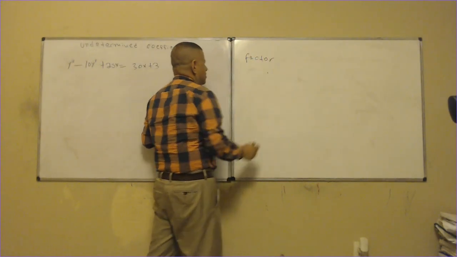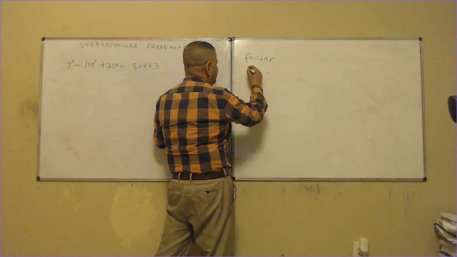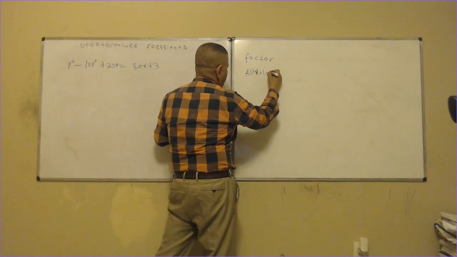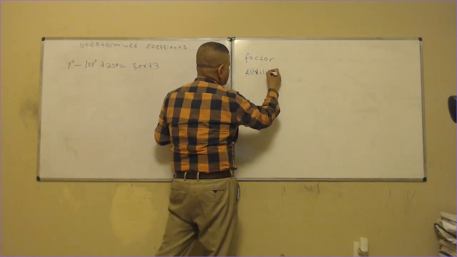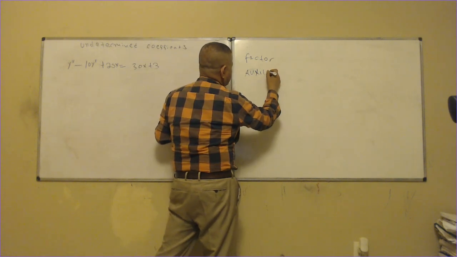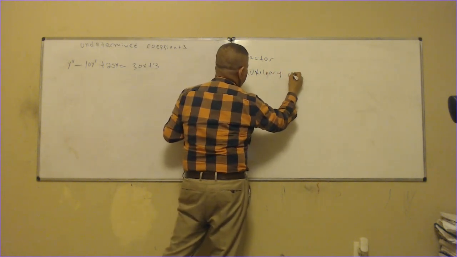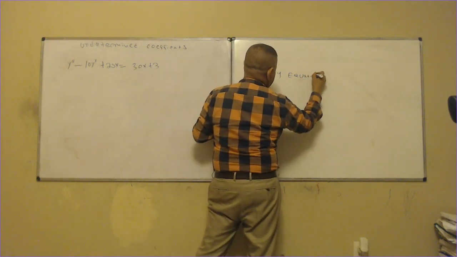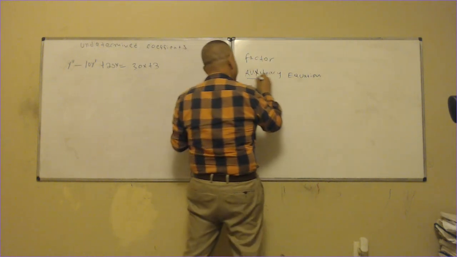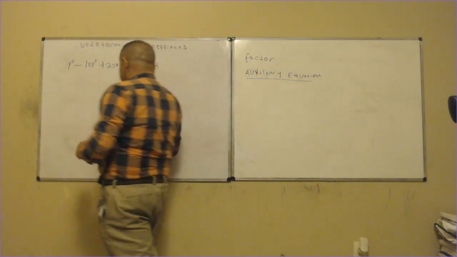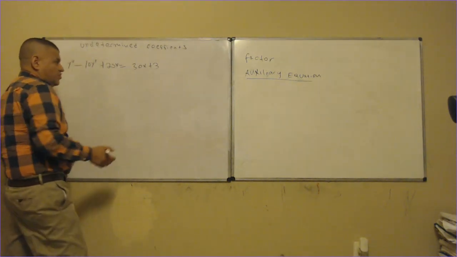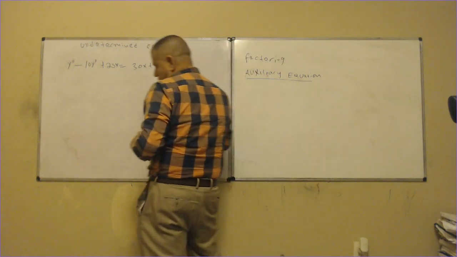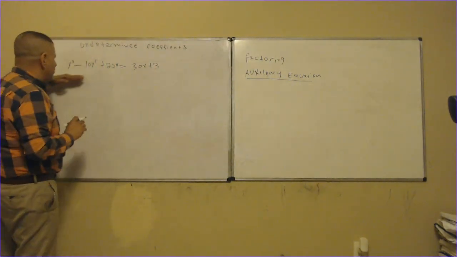Also, we can use what is called the auxiliary equation to find whatever is on this side, right? So we can use factoring or the auxiliary equation to find whatever is on the left side.